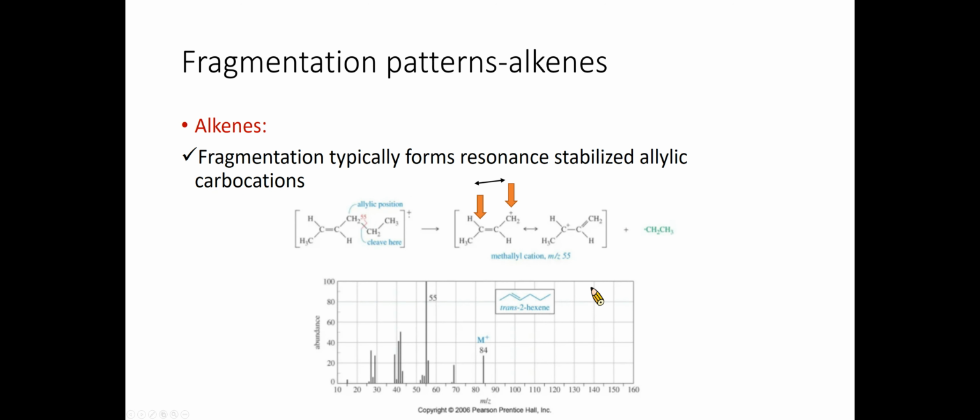For alkenes, fragmentation typically occurs at the carbon atom next to the double bond, forming resonance stabilized allylic carbocations. For instance, trans-2-hexene prefers to lose the ethyl group, forming the positive charge at the allylic position. This positive charge can resonate with the double bond.